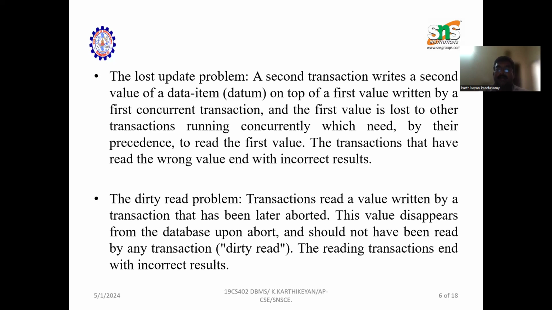In the dirty read problem, a transaction reads a value written by a transaction that is later aborted. The value disappears from the database upon abort, so it should not have been read by any transaction. This is called dirty read: the reading transaction gets inconsistent data.